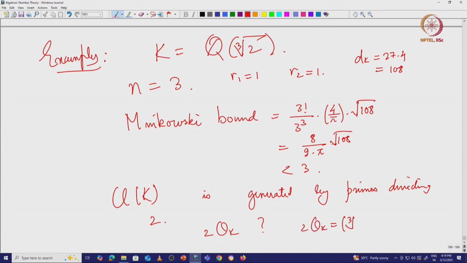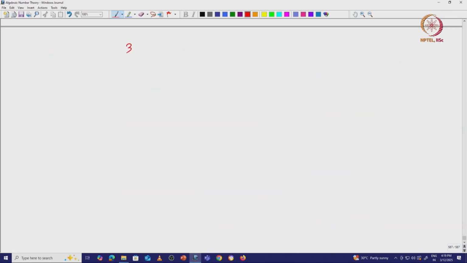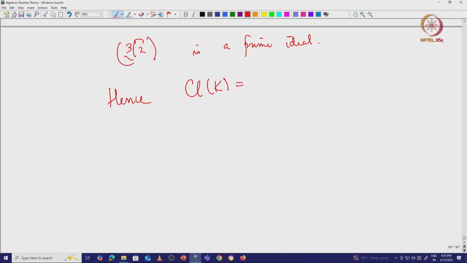This is cube root of 2 cubed. And so, the ideal generated by cube root of 2 is a prime ideal, and it is principal. So, hence the class group of K is trivial. So, that is very nice.